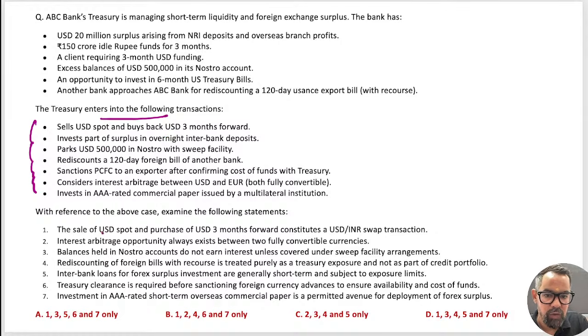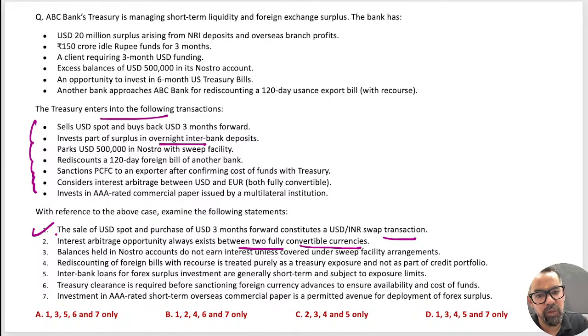The sale of USD spot and purchase of USD 3-month forward contract, USD INR, is a swap transaction. That is true. The second one: invest surplus in overnight interbank deposit. Interest arbitrage opportunity always exists between two fully convertible currencies.